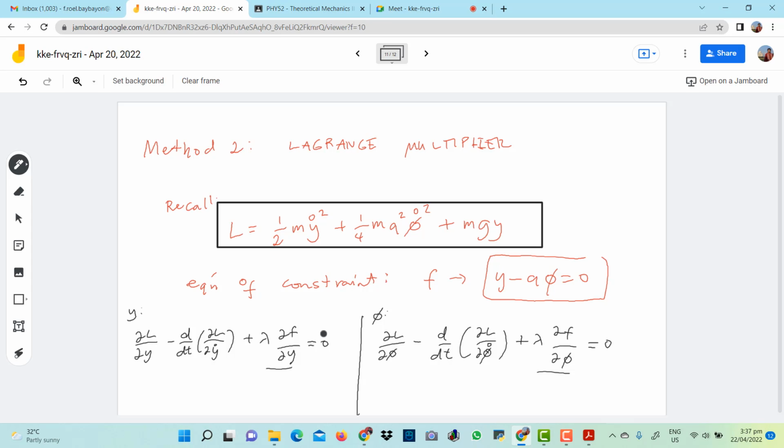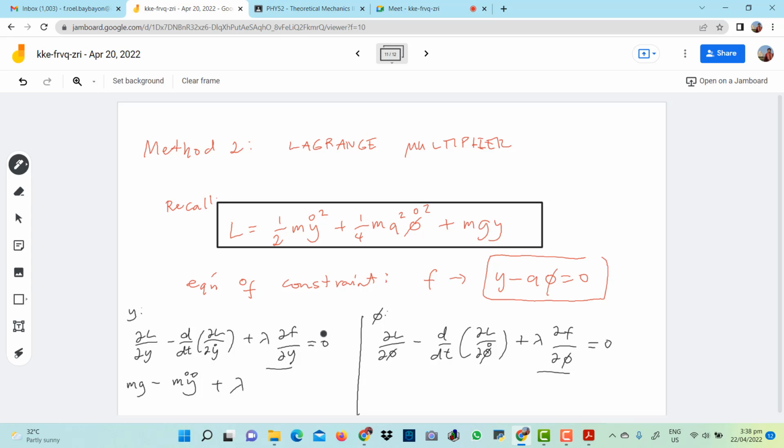Okay. So what's next? It's the same, right? If you derive the L with respect to y, you get just m times g, correct? Minus, d/dt of partial L with respect to y dot, this is equal to m y double dot, plus lambda. Take note, lambda is unknown and we are going to solve for it later.